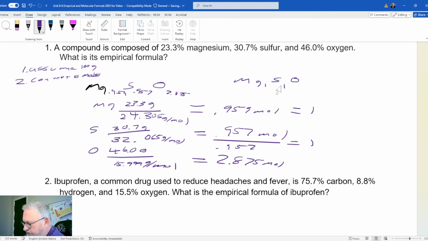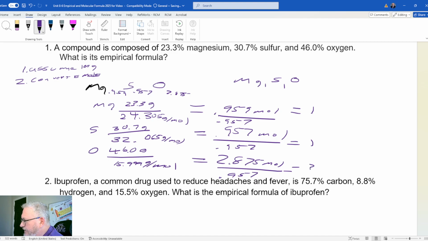So let's take 2.875 and divide it by, well, we got to do it by the smallest amount of moles, 0.957. All right, divided by 0.957, I get 3.004. I get 3.